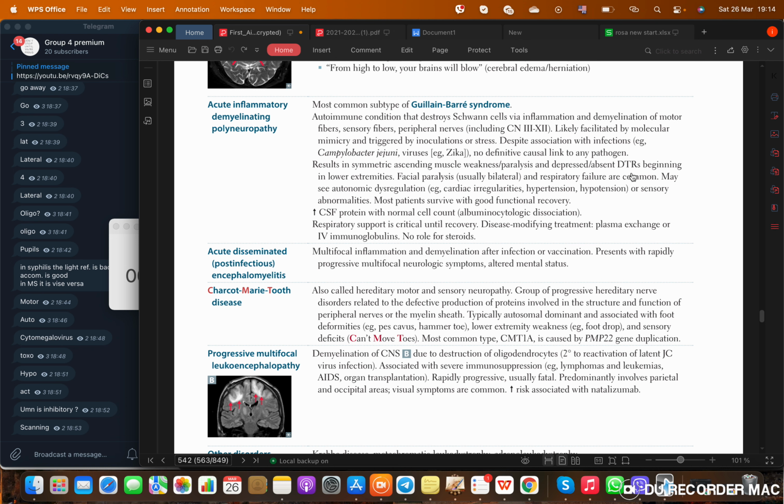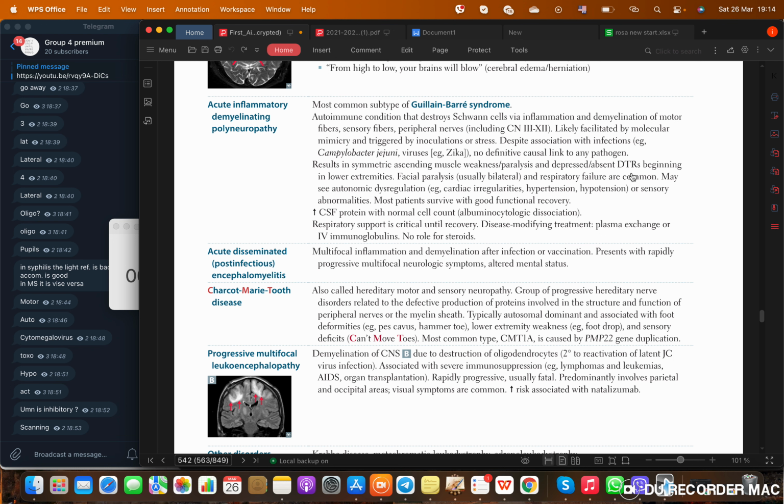The patient will have an ascending muscle weakness and paralysis. Do you remember which type of disease we had a descending muscle weakness and paralysis? This is ascending. There was something descending. I hope you remember about Clostridium botulinum.